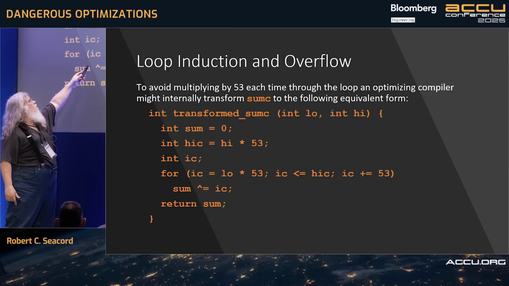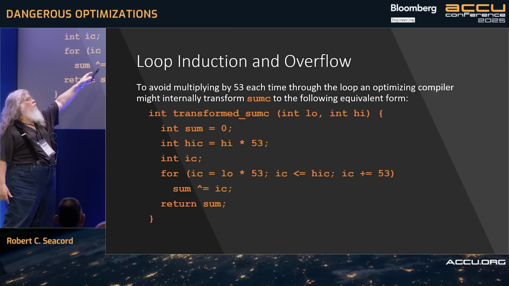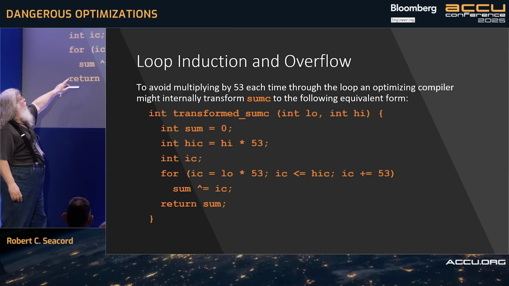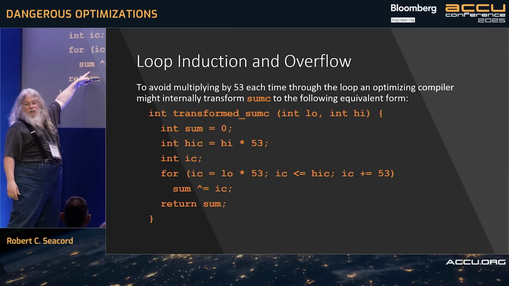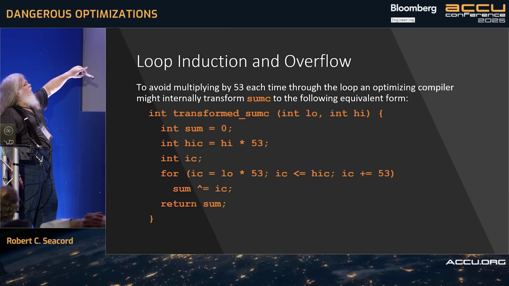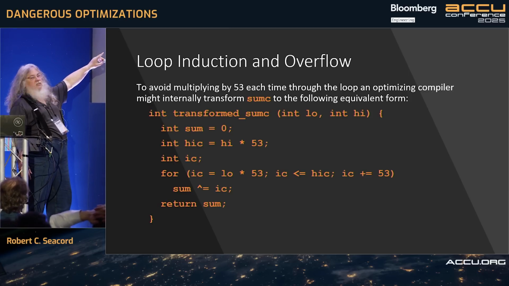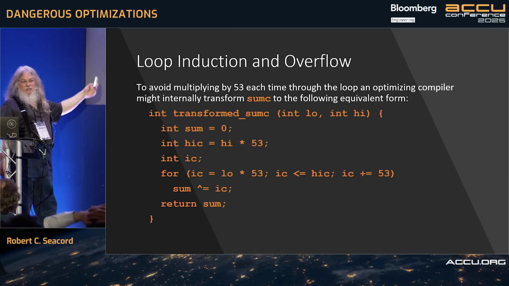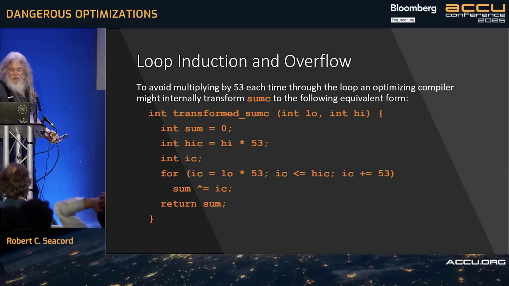I initialize IC to low times 53 once before the loop, and I eliminate the multiplication inside the loop. Again, if this loop is executed zero times, this is slower. But if it goes once or twice, it'll become faster.